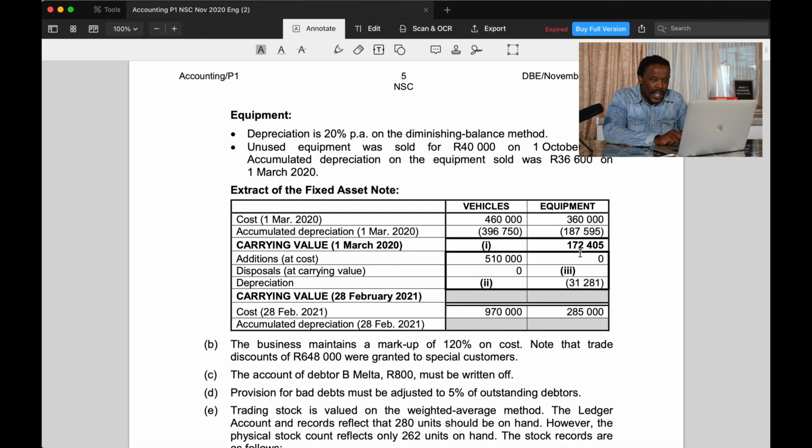It shows me that I take the closing balance and subtract the opening balance, so that I get the cost price of the vehicle which was disposed of.